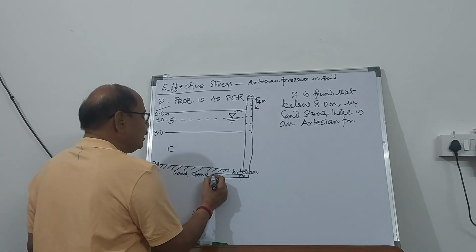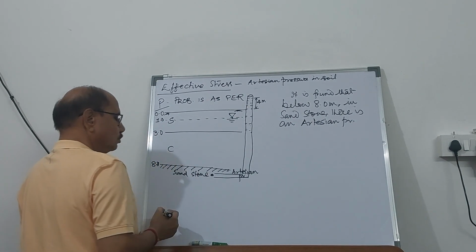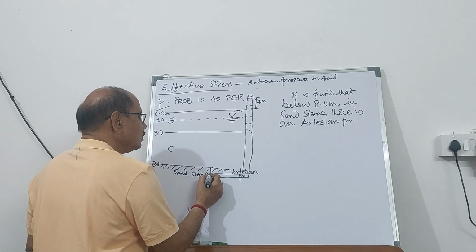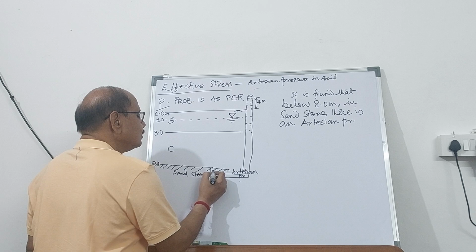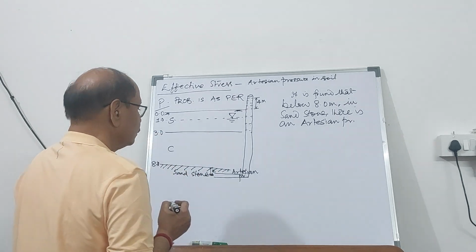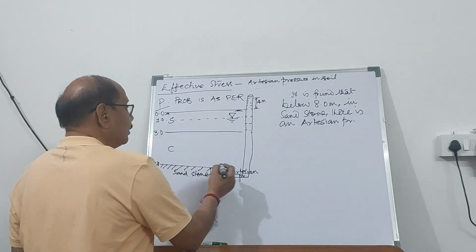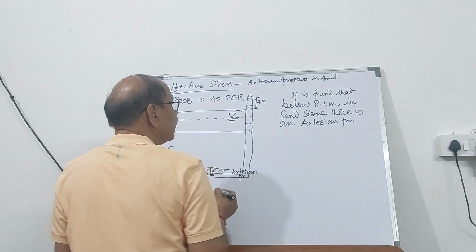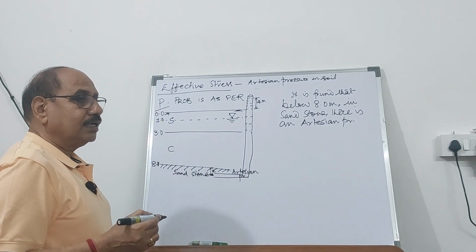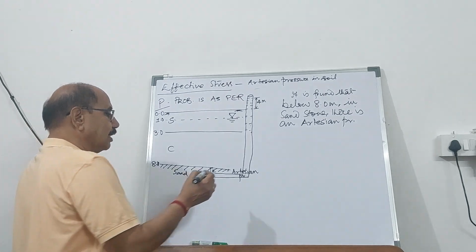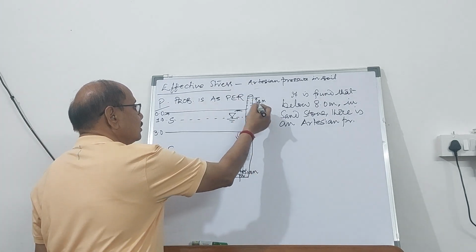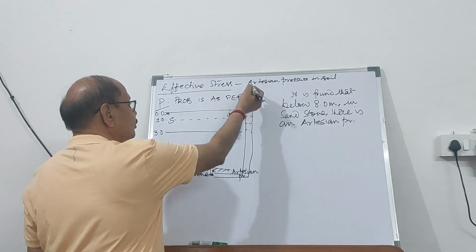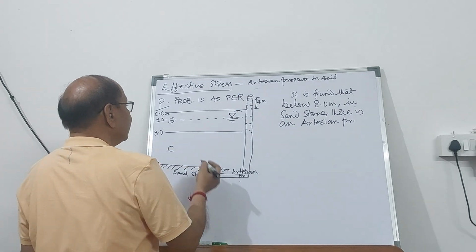So at this point in sandstone, at a distance z, the pressure suddenly shoots up because of the aquifer, Artesian pressure. It is shooting up 4 meters from the ground level.